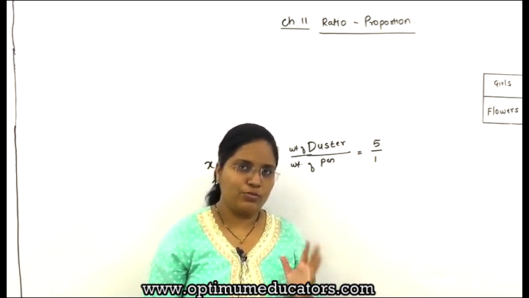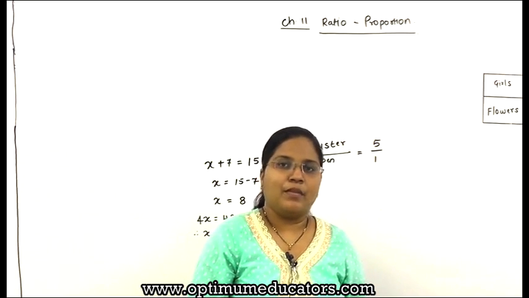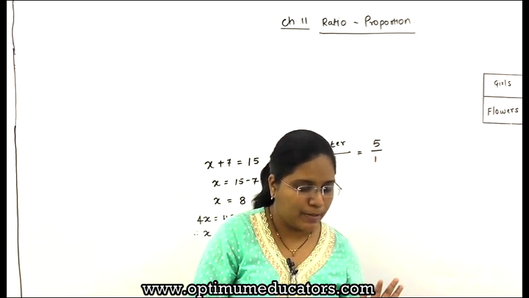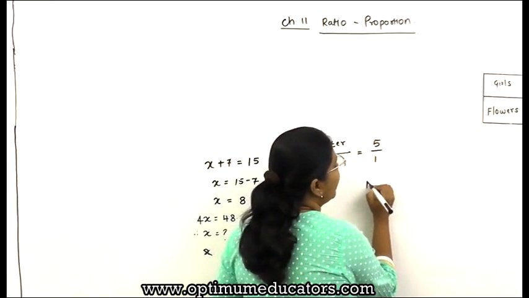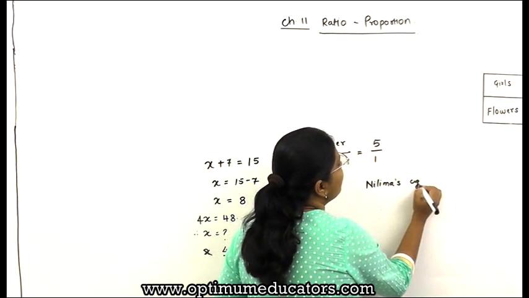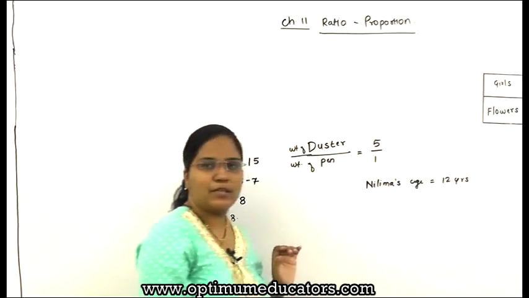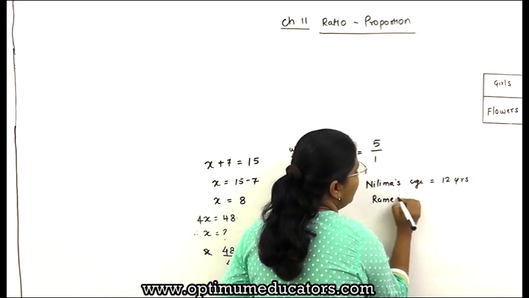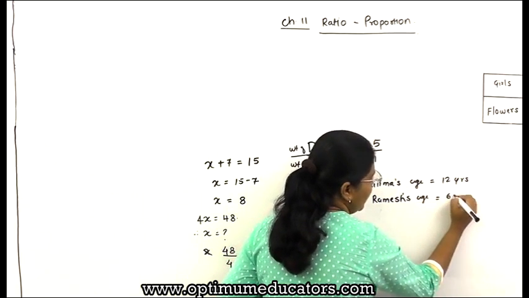Now suppose there are two friends, a boy and a girl. The boy's name is Ramesh and the girl's name is Nilima. Nilima's age is 12 years and Ramesh is 6 years old.